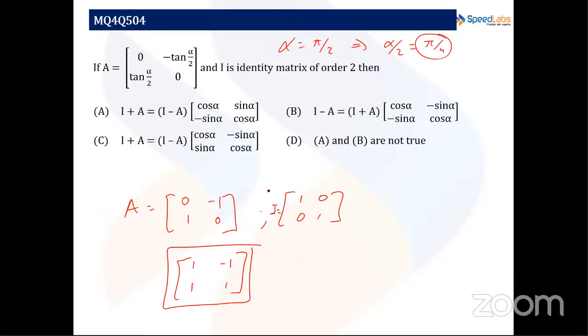Let's check which options are giving us this value. So first one is, we need to find I minus A. So I minus A will be 1 1 minus 1 and 1.